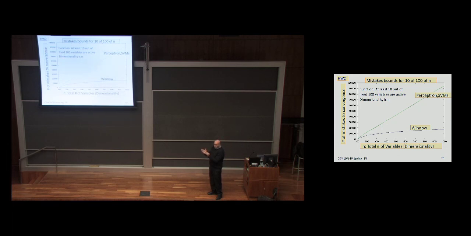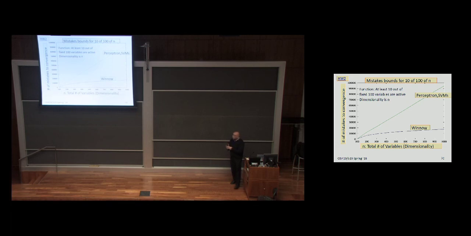What do you know? What you know is that out of this 100, in the negative example, less than 10 are on. In the positive example, at least 10 are on. You don't know what happens to the other 900. It could be that many of them are on. It could be that none of them is on. So I don't know about the data sparsity here.